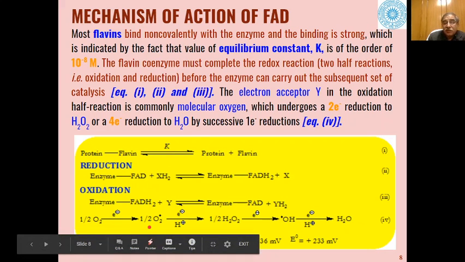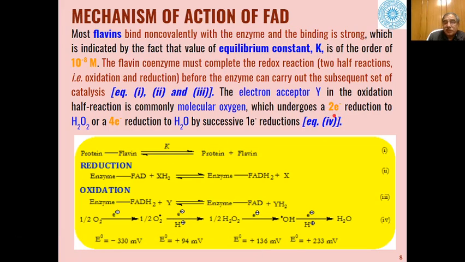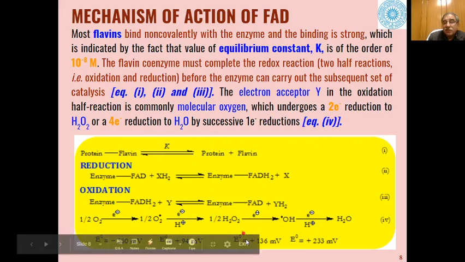So this molecular oxygen will react with one electron, and we will get a free radical of this type. Then with another electron, this will be converted into hydrogen peroxide if two electron reduction is taking place. Similarly, if 4 electron reduction is taking place, then after these 2 electrons, 2 more electrons are added to H2O2, and then this will be converted into water.